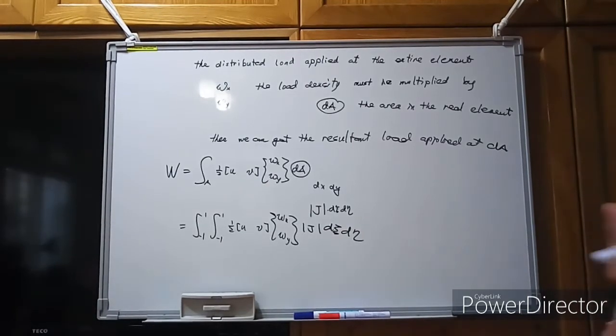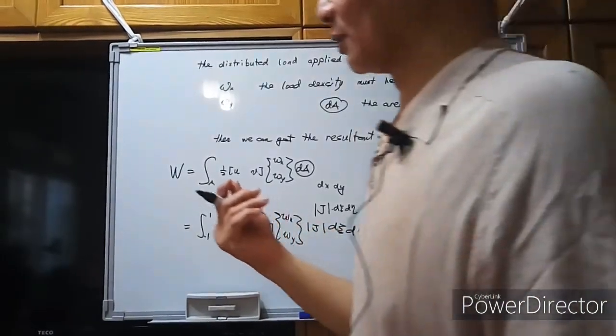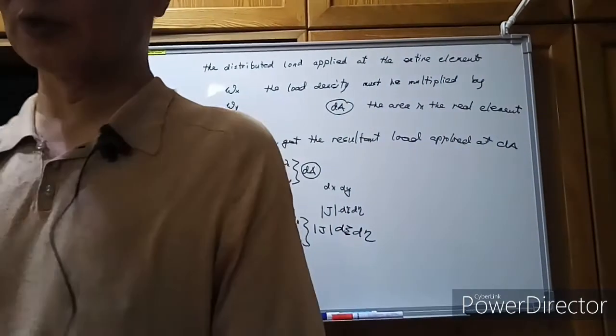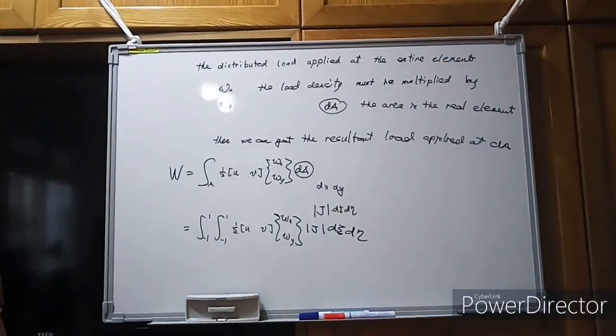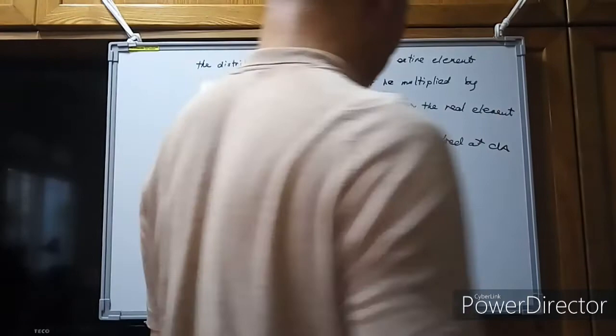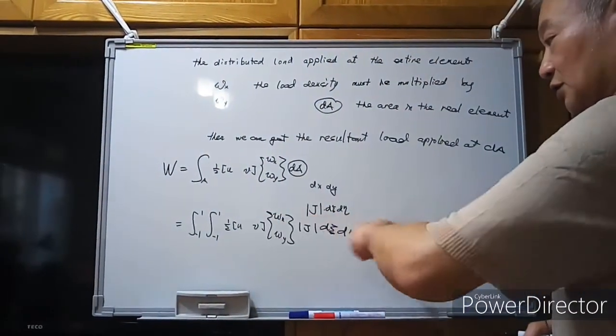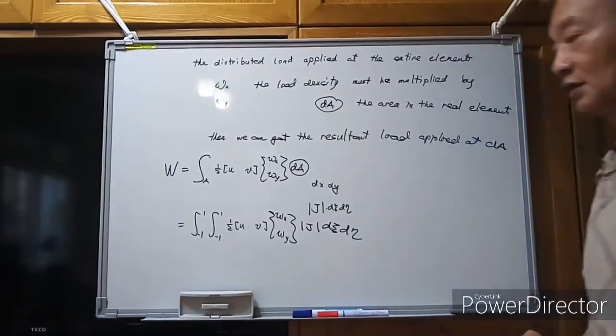If we change both xi and eta from -1 to +1, then we can cover the entire area in the real element. And it is a two-dimensional integration.